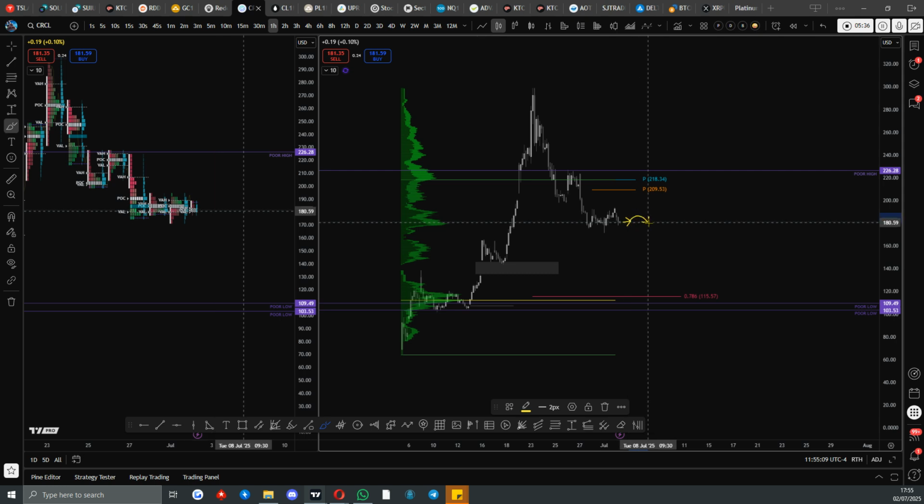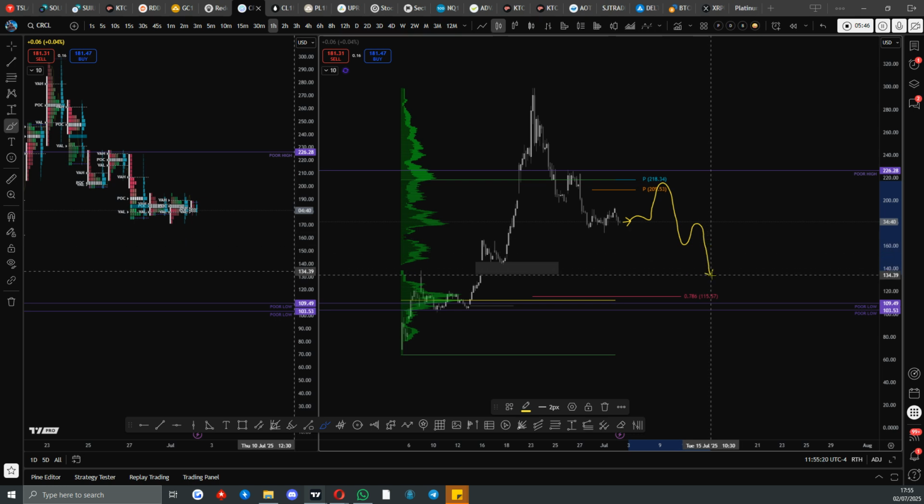Whether we just continue to do this, come into these weekly pivots, like I said before, get a rejection down, and then eventually come down to fill these gaps, correct this.